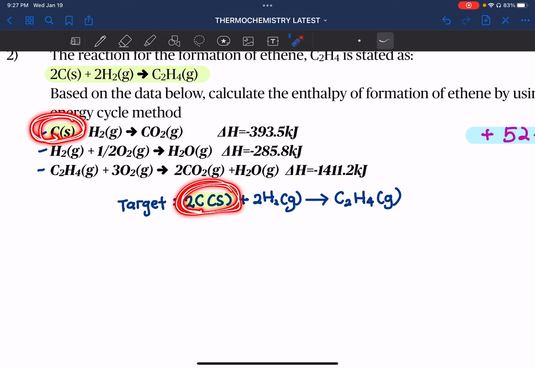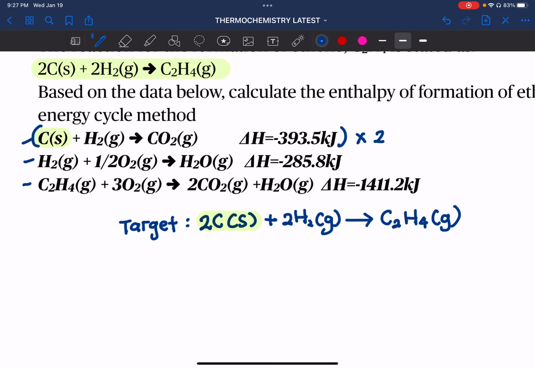Dekat sini carbon 2 mol kan? So, everything here, we times with 2. So, ingat balik kita punya rules kan? Bila kita darab 2, semua ni nanti darab 2 dan value ni pun nanti double.